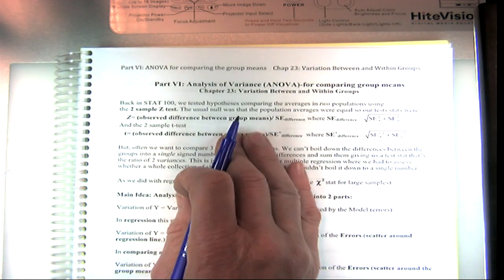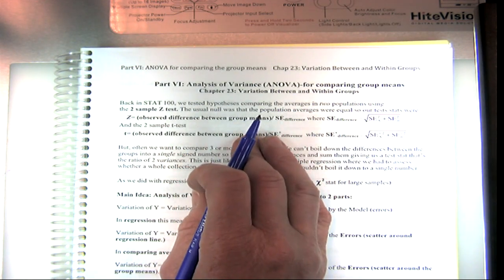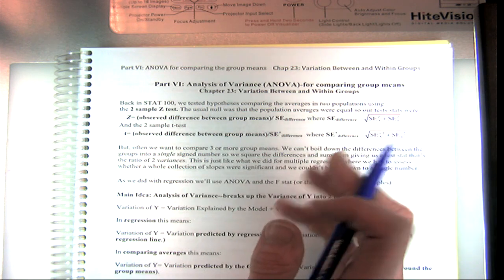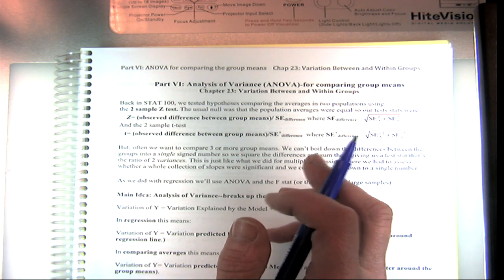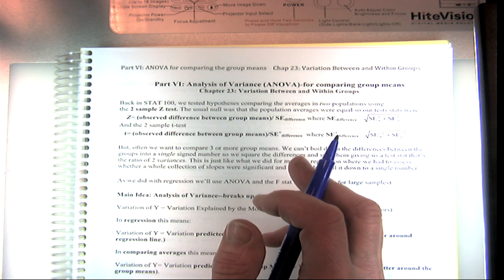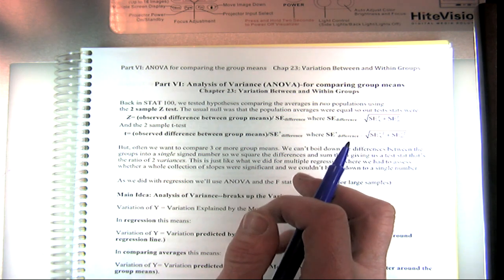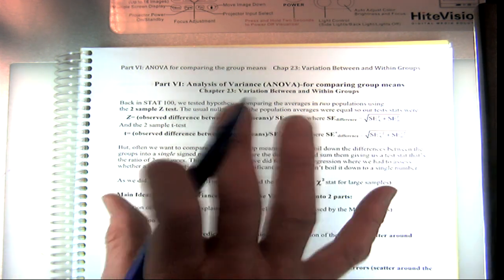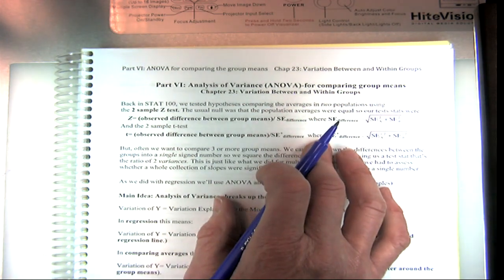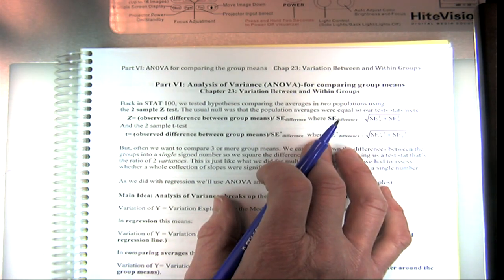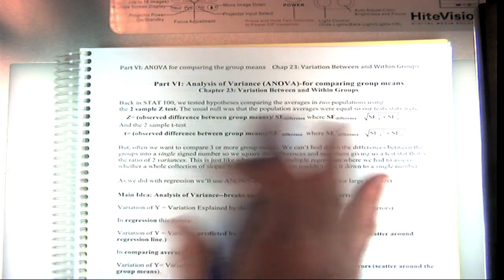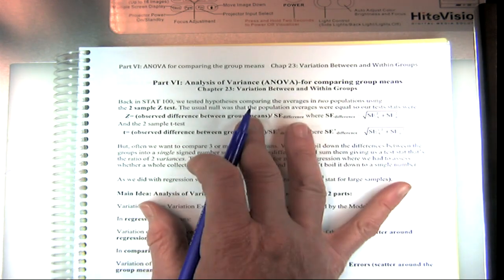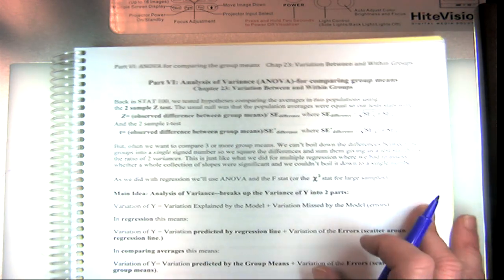What we're going to be doing here is a special case of regression predicting a quantitative y variable, but instead of having quantitative x's or a mixture of quantitative x's and categorical x's, we have solely categorical x's. We'll talk about that later. First, let's just read along here.